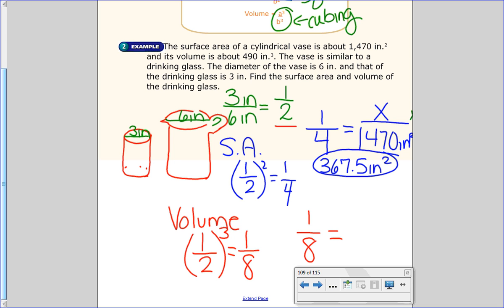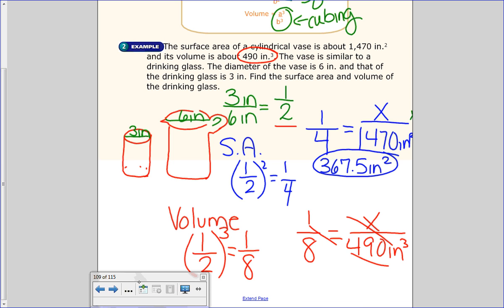And then they tell us the volume is 490 inches cubed. So again, we set up a proportion and do cross products. 1 times 490 is 490 divided by 8, and we get the volume is 61.25 inches cubed. That is our answer this time.